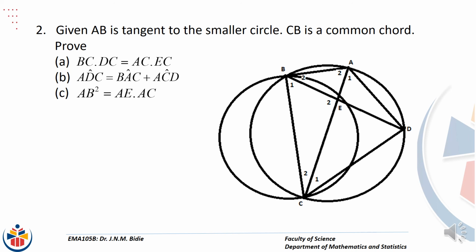So choose the triangles that you're going to work with so that they have BC, DC, AC, and EC. One thing that I can quickly point out is that BC is a chord, so that means A2 and angle BDC are equal.